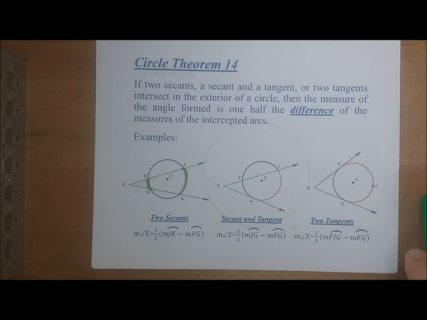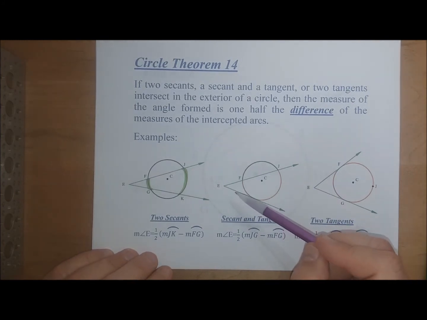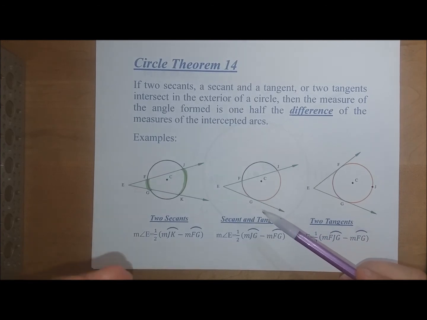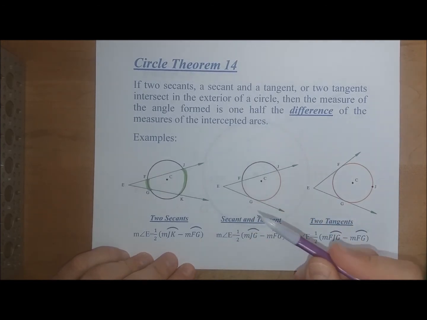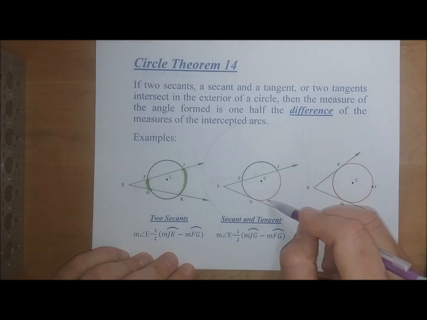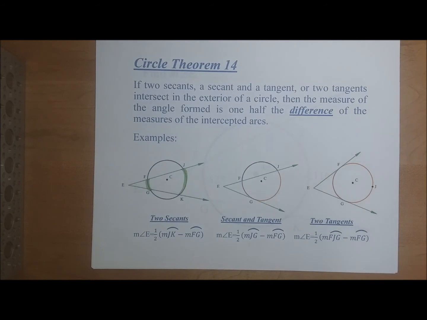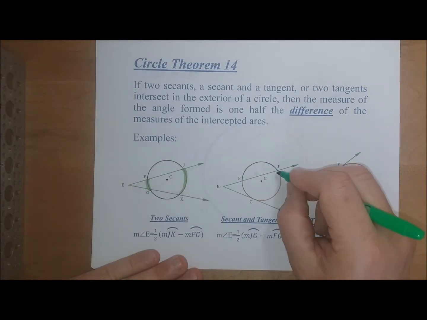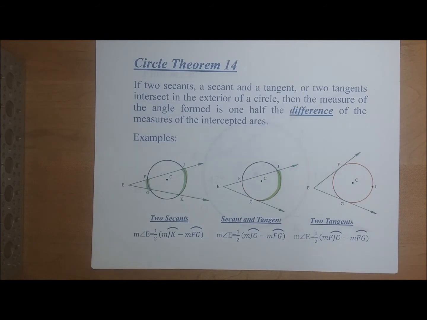We could also have this case here where a secant intersects a tangent outside the circle. Okay, same thing here. This angle is going to be 1/2 the difference between these 2 arcs. This time it is 1/2 the measure of arc JG minus, I should use a different color here, right?